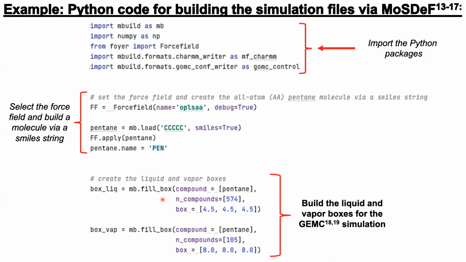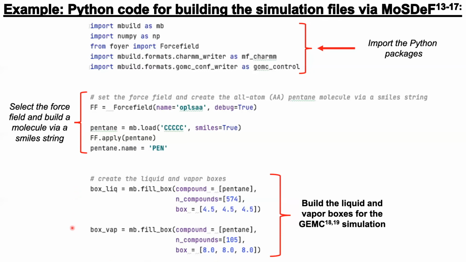Now you can select the density as well for an all atom system and the box size in nanometers, which we're going to do 4.5 nanometers or 45 angstroms in each direction. And for the vapor box, we're going to do the same, a slightly lower number of molecules, and then an 8 nanometer box in all the X, Y, and Z dimensions.